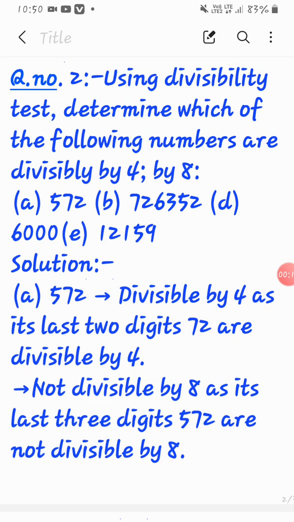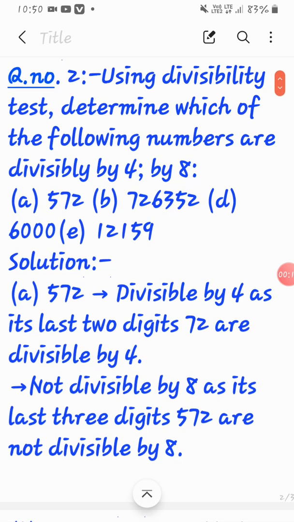Using divisibility test, determine which of the following numbers are divisible by 4 and by 8. The first is 572. We have to remember the rules first: the last two digits should be divisible by 4, then only the whole number will be divisible by 4, and in case of 8, the last three digits should be divisible by 8.